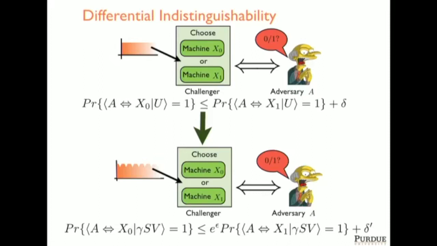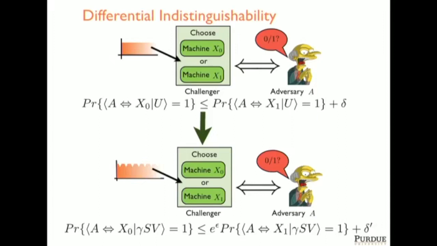In the top scenario, the challenger is provided a source which is uniformly random. In that case, the adversary gets a standard indistinguishability guarantee, where when we compare the probability that the adversary is right with the probability that the adversary is wrong, they are both close to each other by a negligible factor delta.